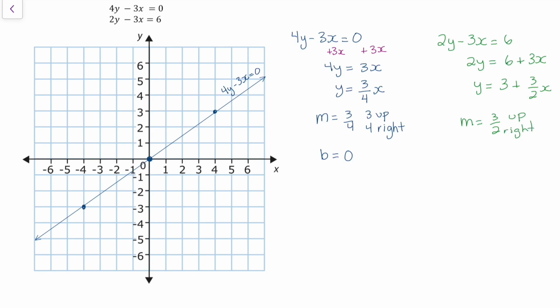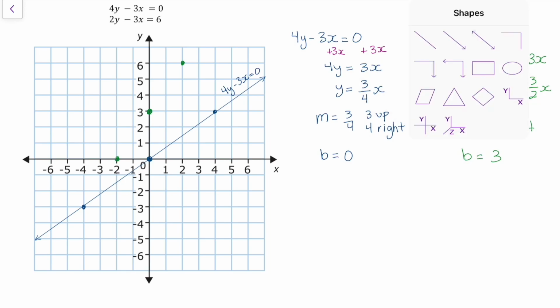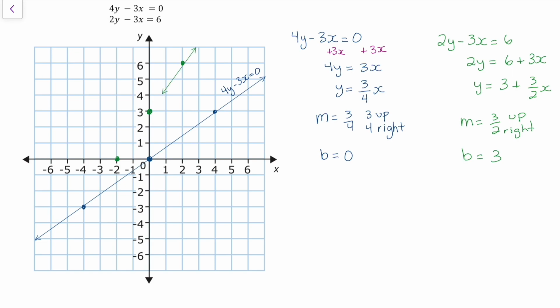And my y-intercept is 3. So I'm going to go to 3, and then go 3 up, 2 over, and then go backwards in order to go down the other side so I can have a couple points to graph. Again, we're trying to be as accurate as possible.